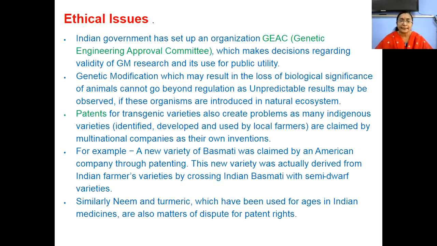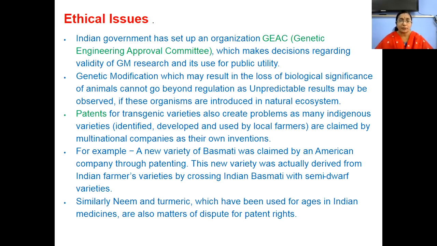Okay. Then another problem that comes into this is patents. A patent is generally a right that is given to a person for his particular invention. So when transgenic varieties are produced, people will apply for patents. But the problem is, to create these transgenic varieties, they will depend on many indigenous varieties, that is local varieties of plants that have long before been identified, developed and used by our farmers.